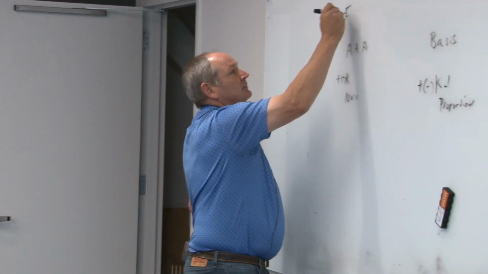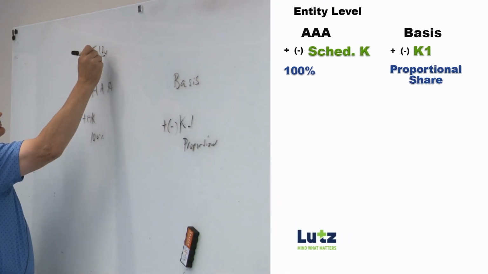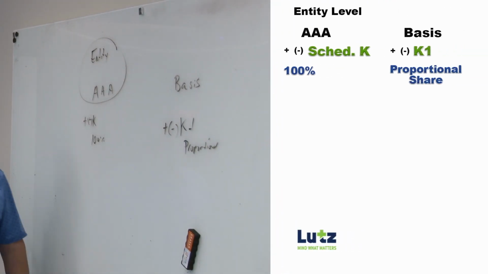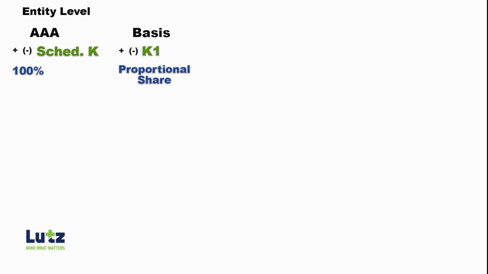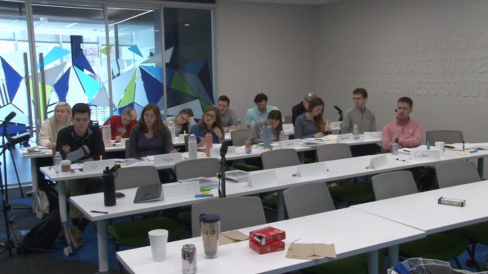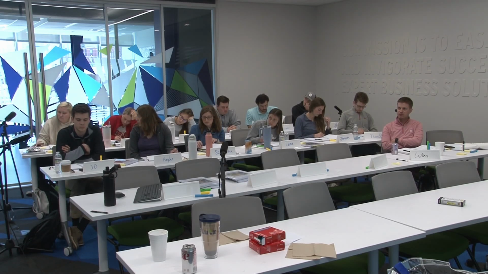And undistributed S corp earnings is measured at the entity level. AAA is an entity-level concept, and that entity-level concept is our guidepost to tell us how we're going to interact with C1. And C1 was what, Tatum? 1368(c)(1)?